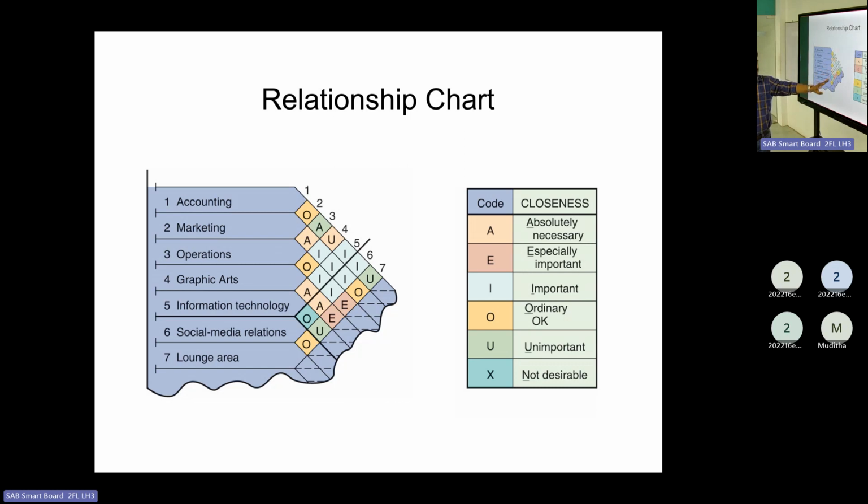Referring to the location preferences of each department, locate the 7 departments in a 60 feet by 20 feet building.